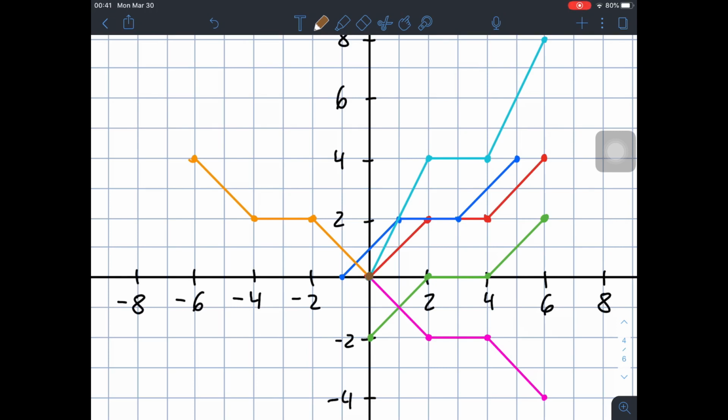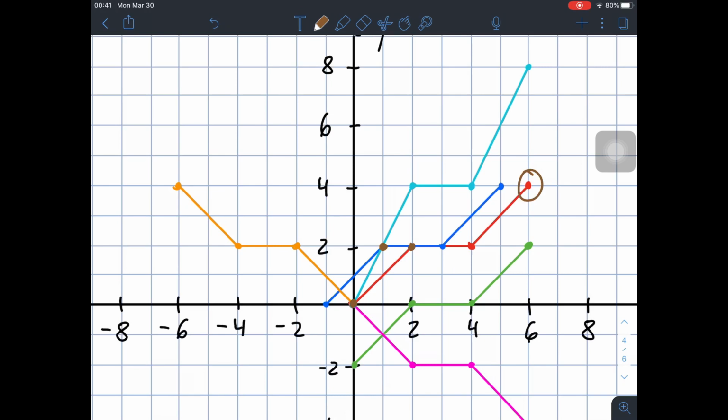So the new point is 1, 2, so it'll come here, right? Then this point is 4, 2, so it'll come to 2, 2. It'll be here. And finally, this point, which is 6, 4, would now be 3, 4, which is here.